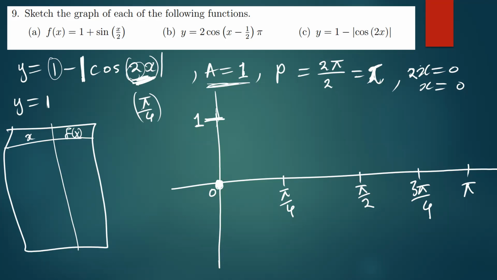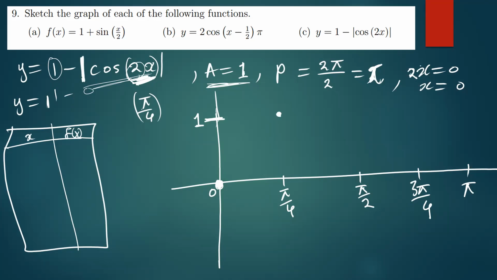So cos 90 is 0. So we are going to have 1 minus 0, which will give us 1. So we have our next point being there.